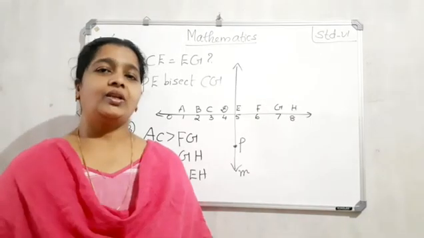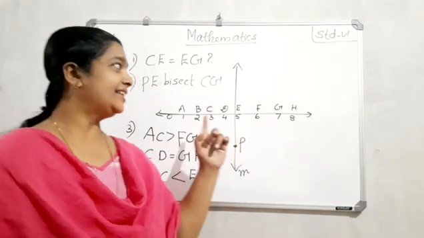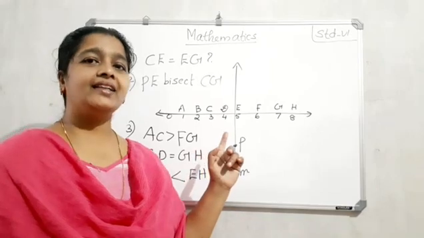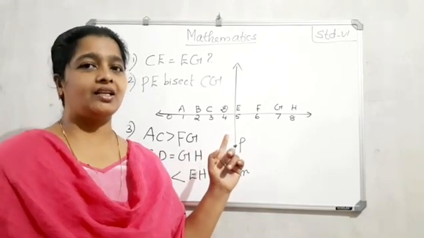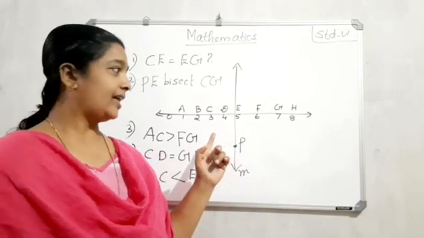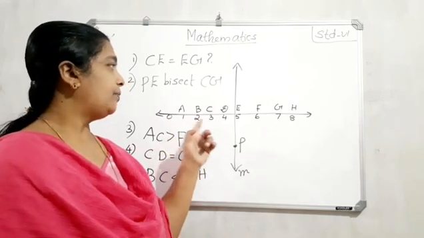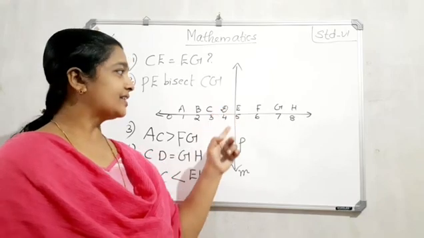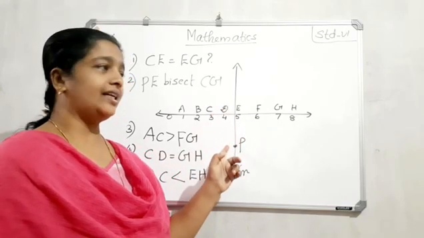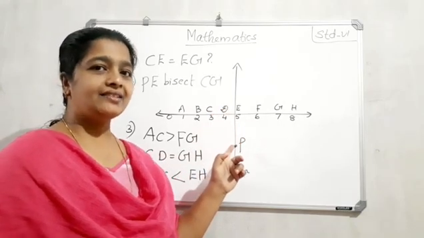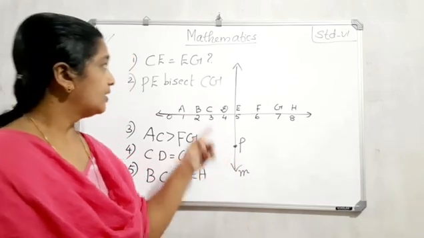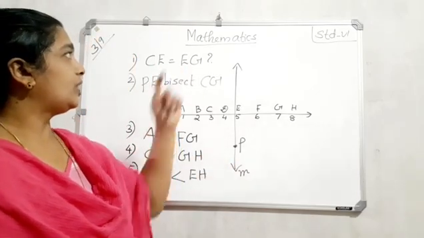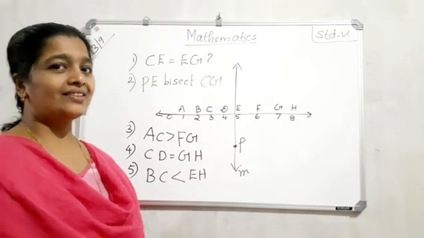Clear? So next question. Study this diagram and answer the following questions. Given a diagram, here A, B, C, D, E, F, G, H are the points, and in that PE bisects here. Clear? Question number 1. Is CE equal to EG?